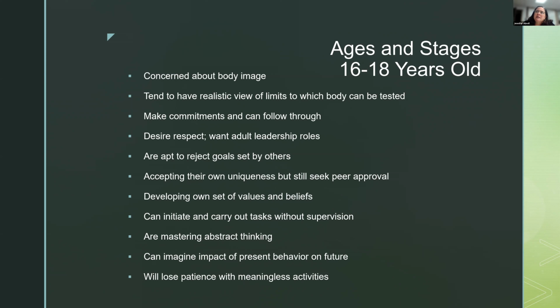They want respect. They want adult leadership roles. They want to have some of that responsibility. And this is where we can allow them to do that. This is why we like to make sure that we as leaders are allowing our youth leaders to have the bulk of the control in meetings.